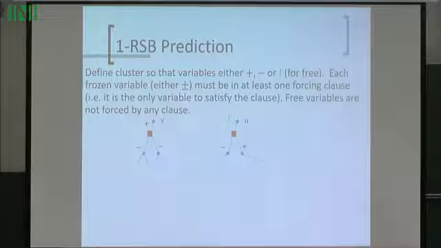Okay, so the 1RSB prediction is really a story saying that you should look at clusters of solutions, not just the solutions themselves. And I said we can think about clusters in terms of belief propagation and messages, which will be a message from a vertex saying, what's the probability that I'm plus?